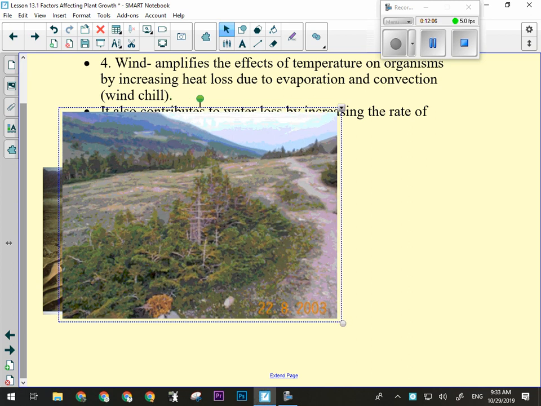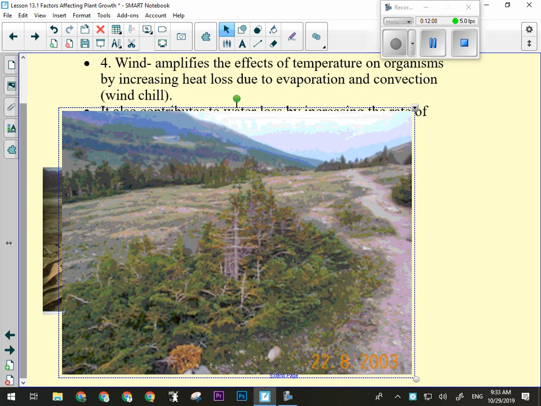Right here, these are some trees that are growing near the tree line in Jasper. It's kind of hard to see here, but this is just a couple of spruce trees. You can see spruce trees just like them down here that are quite tall, but these ones are grown low to the ground. Their branches kind of go everywhere, and they're bent like this.